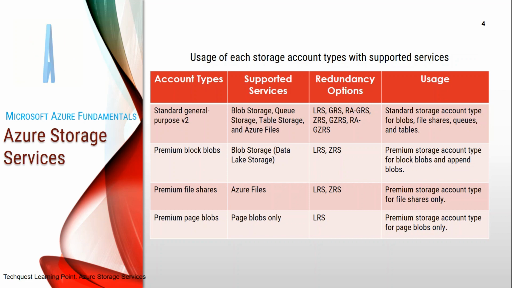Supported services: Azure Files. Redundancy options: LRS, ZRS. Uses: premium storage account type for file shares only. Account type: premium page blobs. Supported service: page blobs only. Redundancy options: LRS. Uses: premium storage account type for page blobs only.